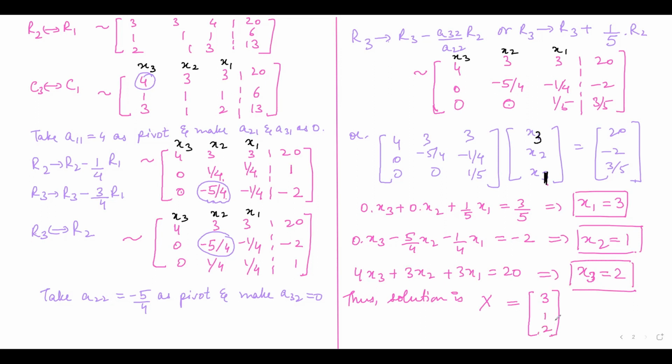So this is my final answer. Using full pivoting, this is how I can find the solution of the system of equations. So Gauss elimination with full pivoting will give you this. So when you are applying backward substitution, this step is very, very important.